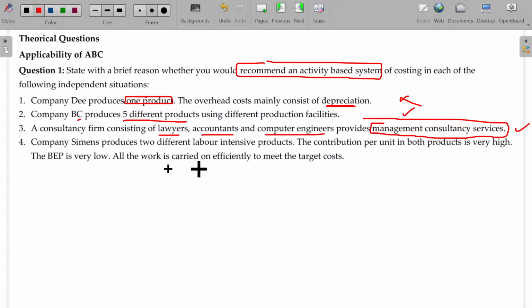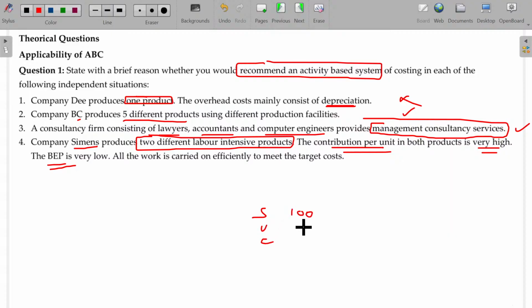And company Siemens produces 2 different labor intensive products. Contribution per unit in both the products is very high. BEP is very low. Sales minus variable cost is contribution. Sales is 100, variable cost is 10, contribution is 90. High contribution. BEP is very low. Then what does it mean?